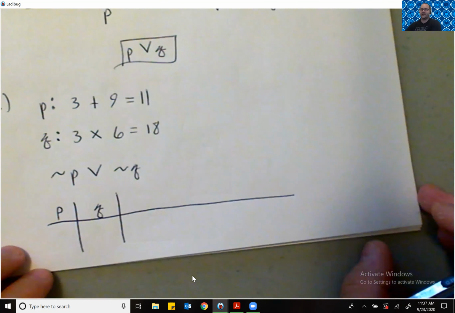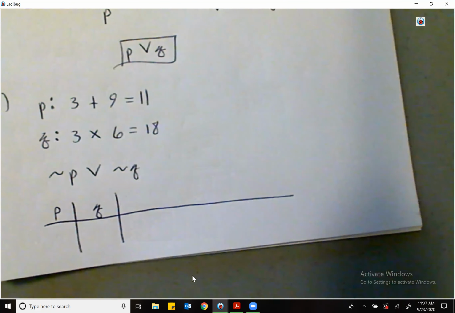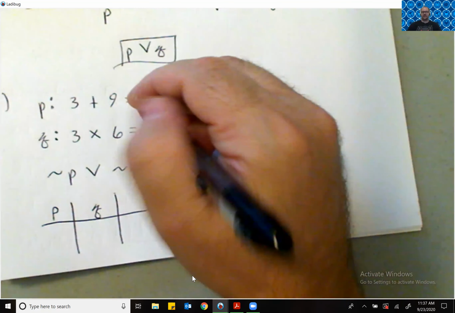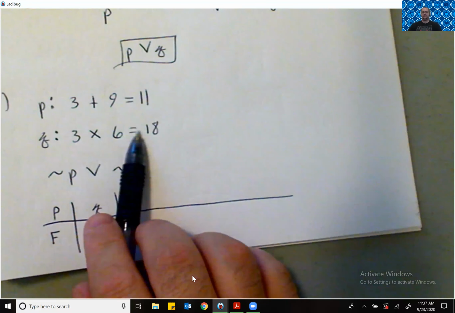No. So this is a false statement for P. Is 3 times 6 equal to 18?